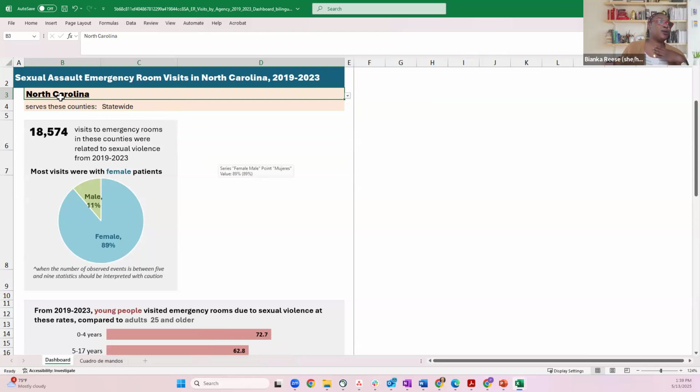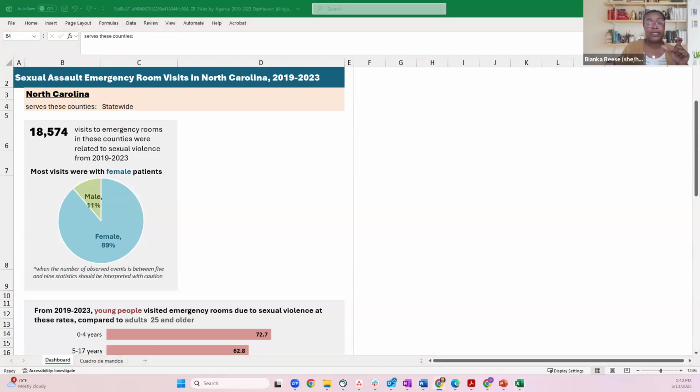So there are a couple of things I want to point out before we get into the information. It tells you who is organized by agency, and it tells you your agency service area by county. But this information is for the number of emergency room visits between the years 2019 and 2023. And that's an important note, because these numbers can be so low.